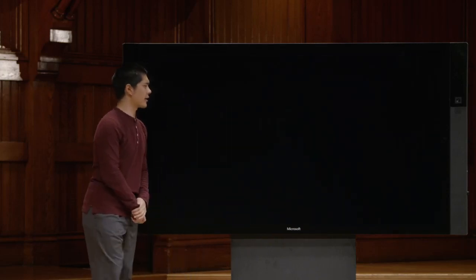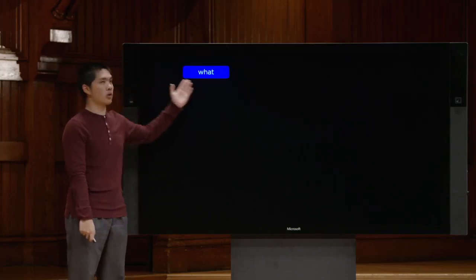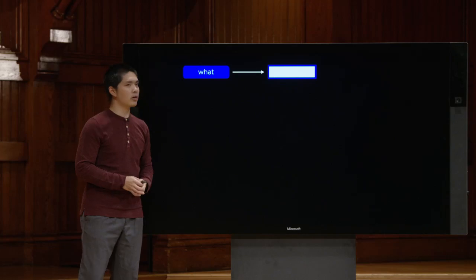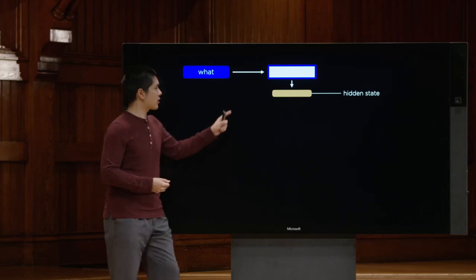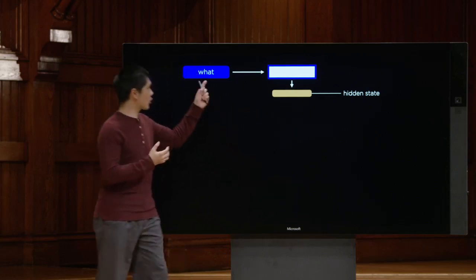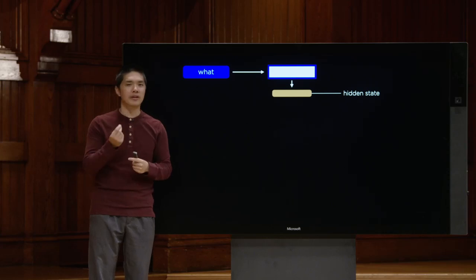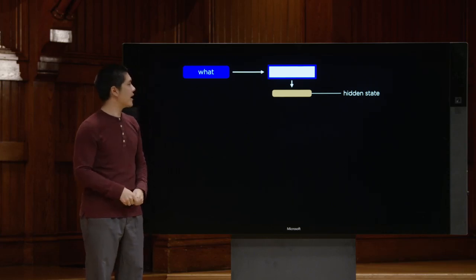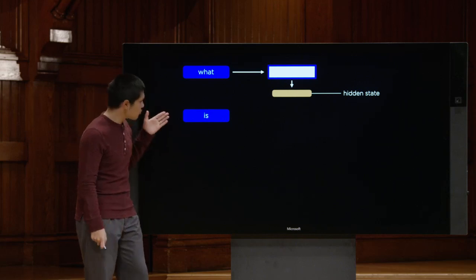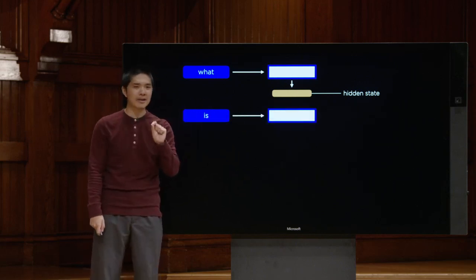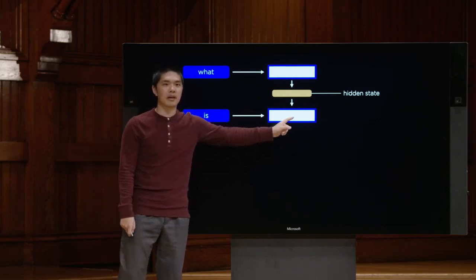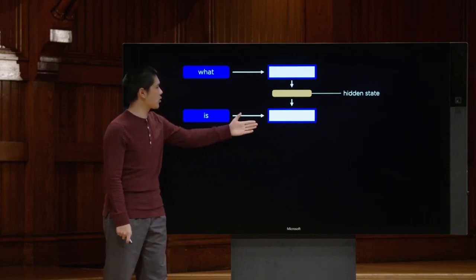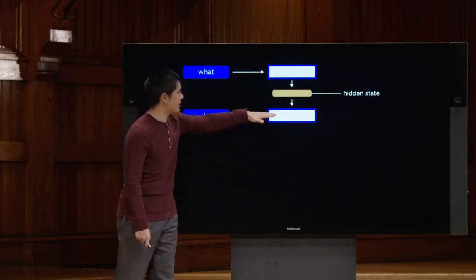So what's that going to look like? We'll start with the first word, the word what. That goes into our neural network, and it's going to produce some hidden state. This is some information about the word what that our neural network is going to need to keep track of. Then when the second word comes along, we're going to feed it into that same encoder neural network, but it's going to get as input that hidden state as well. So we pass in the second word. We also get the information about the hidden state.